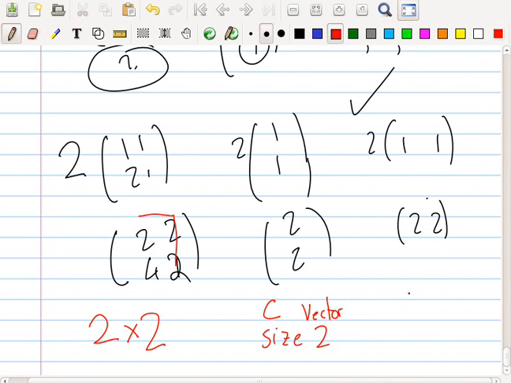And this one here is called a row. Now, I use the word vector, and you don't really need this word. But when you learn this topic from a book, they might use the word vector for these, because they're special. And this one is size 2 by 2. Or, another way to say it, this is 2 by 2. This one is 2 by 1. And this one's 1 by 2.